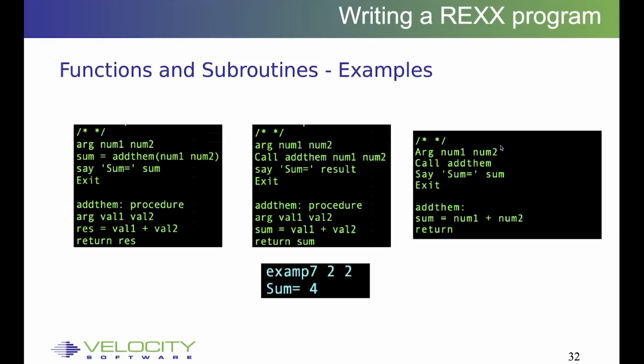So we can pass the parameters, just call the subroutine and display sum, because the sum in the subroutine is also a global variable, as are the parameters that were passed to the function, the subroutine, I should say. So this is a very good distinction to know about, where variables are either local or global.